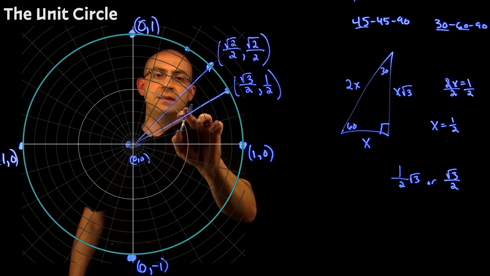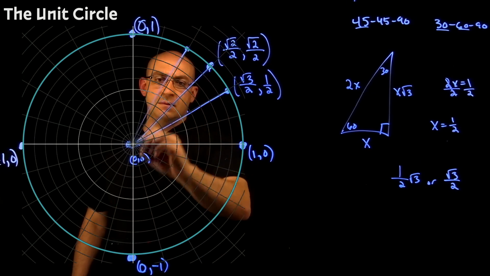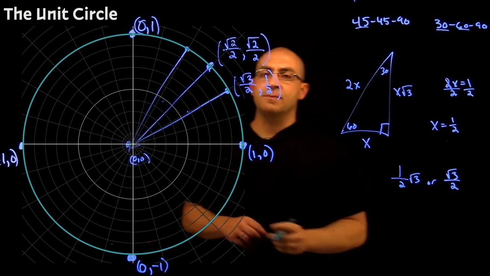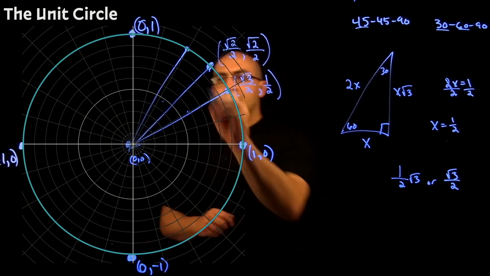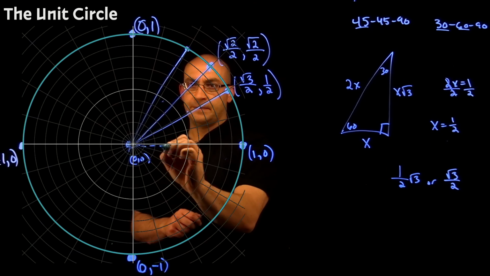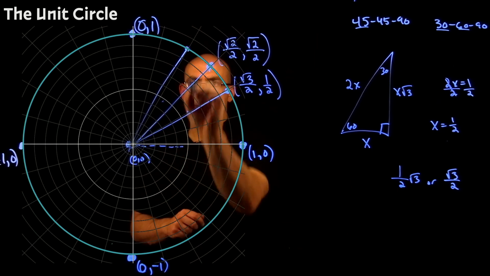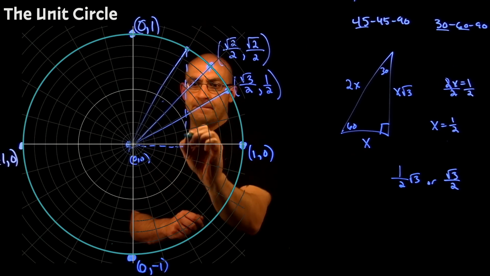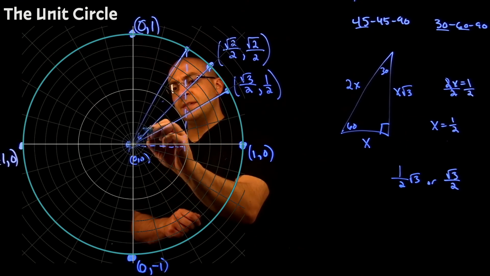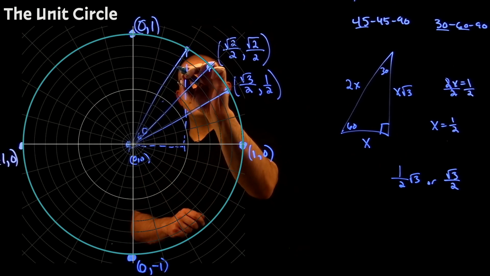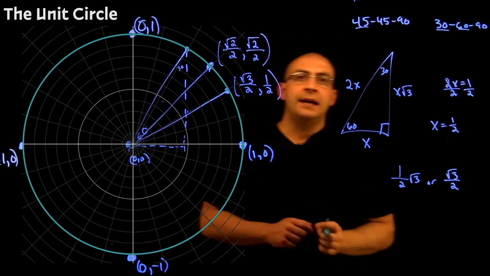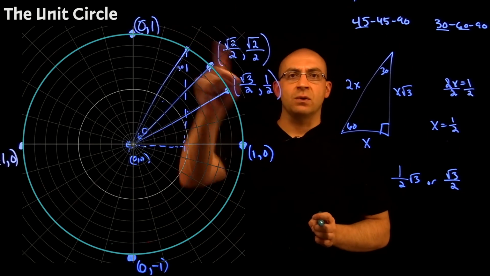I'm going to erase this and this now. This measurement is going to be our 60-degree angle. So, this is going to be 60 degrees. This is 30. And now I want to find out this coordinate point.